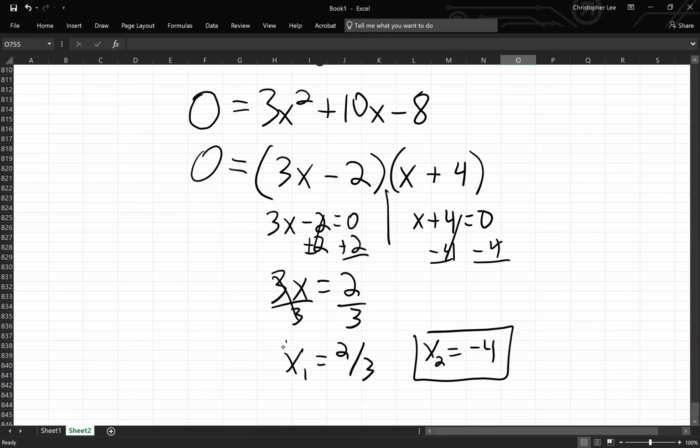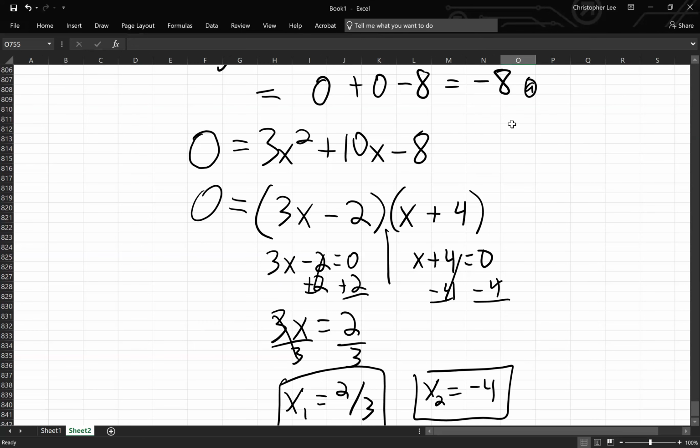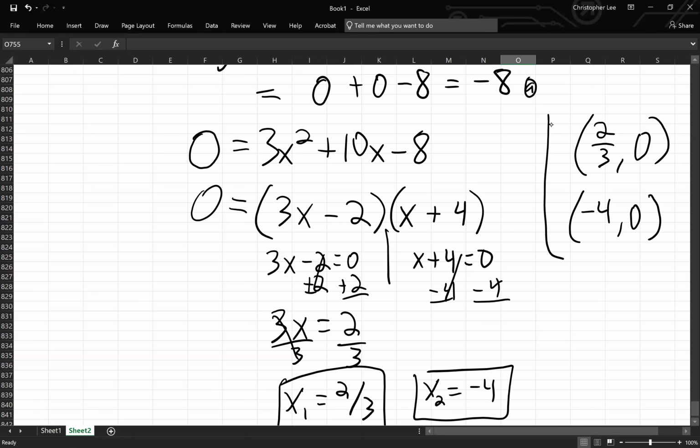These are your answers for part A. Those are the zeros of the function. But the points that they correspond to are 2 over 3 comma 0 and negative 4 comma 0. These are the x-intercepts of your function.